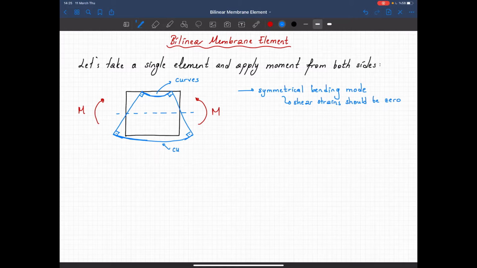In order for this element to undergo only bending deformation, no shear deformation, we have to have curves at the top and bottom edges. That's the expected deformed shape.